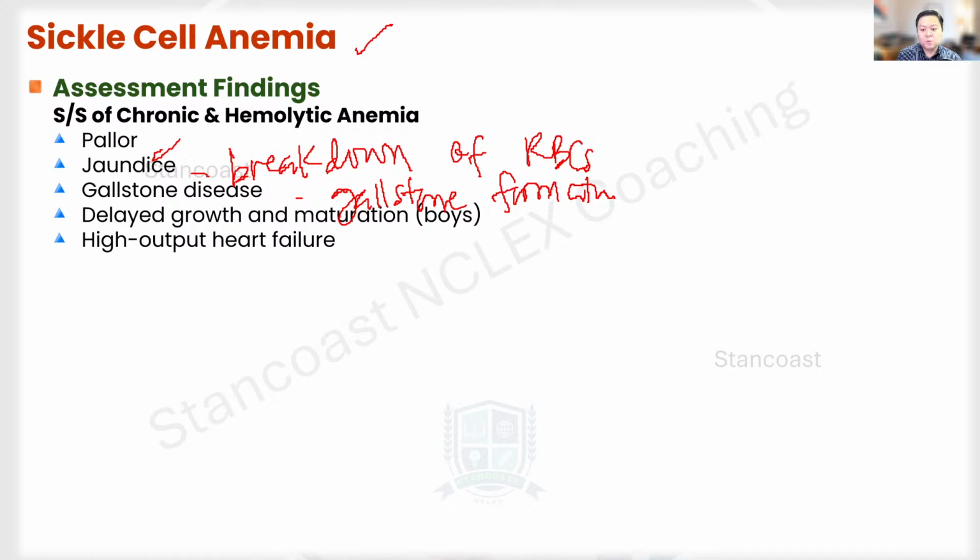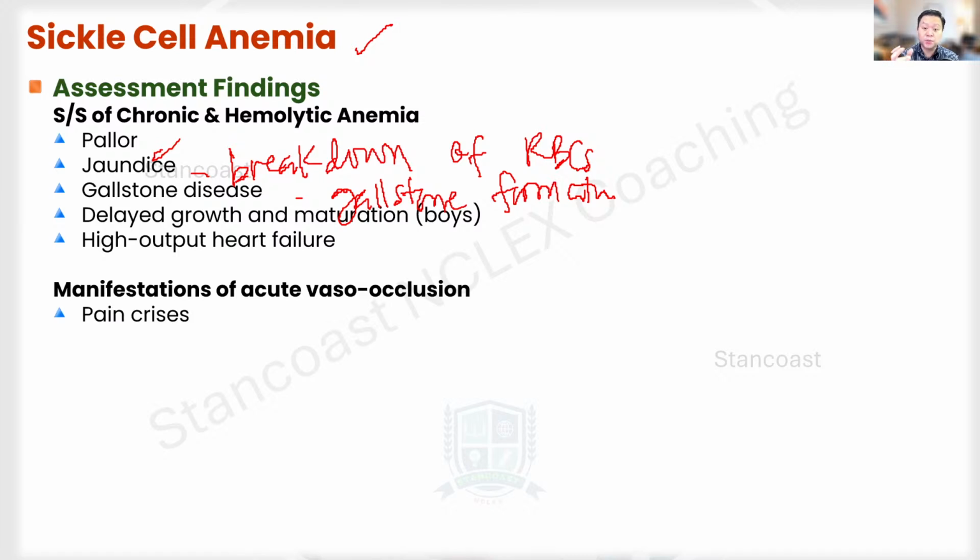Now, we're also going to talk about the manifestations of the acute vaso-occlusive disease. Okay, so if there is that crisis with the rapid rate in the clumping of the red blood cells, then this can lead to the occlusion of the tiny circulations in the capillaries, in the joints. Then it can cause pain.